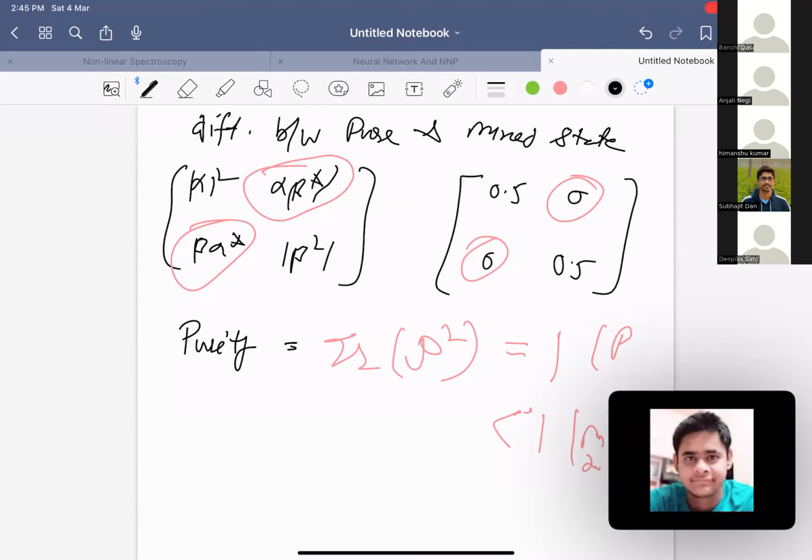Suppose it is a 4 by 4 matrix, then only one or two elements will appear. Here you have written that the density matrix for the pure state operates on the basis of 0 and 1, but the density matrix written for the mixed state operates on psi.